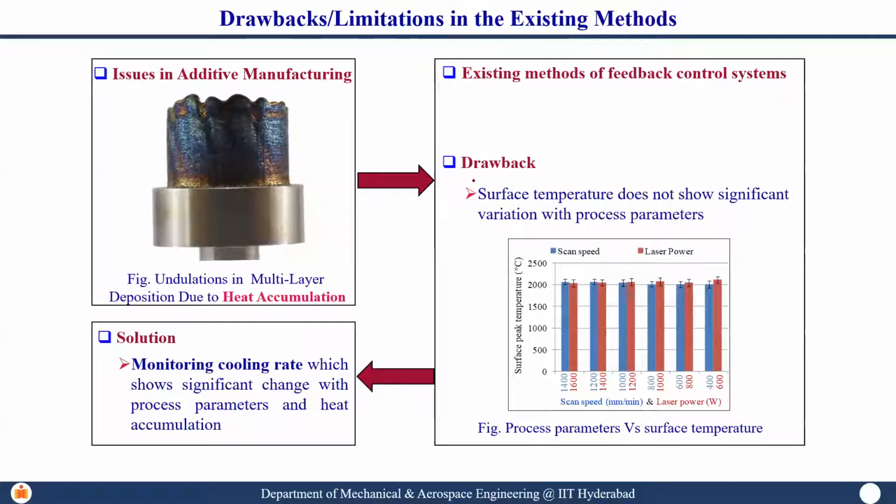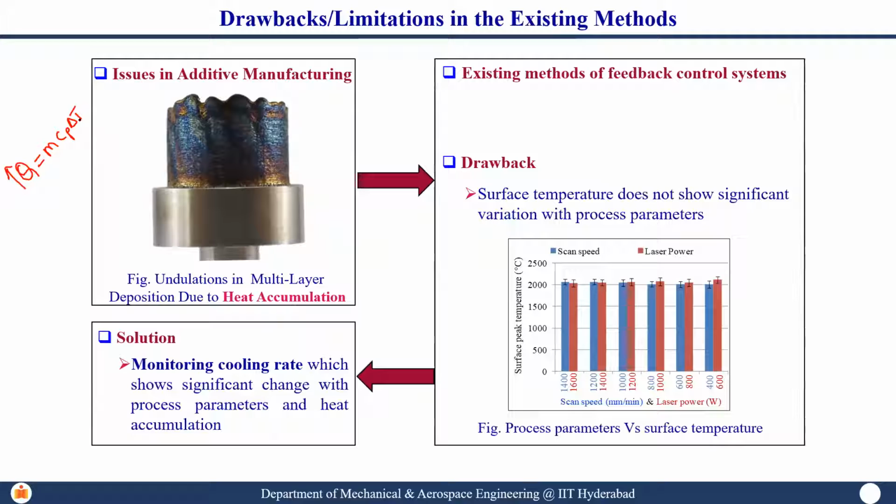Now, what are we supposed to monitor? You have a detector, you have calibrated it, you know what is happening in the process. Are you going to monitor the peak temperature? In most studies, people are monitoring peak temperature, but you need to understand this simple equation. I don't want to make it complicated. Q equals mCp delta T. People say that if my Q increases, my delta T, or the temperature of the substrate or surface, increases.